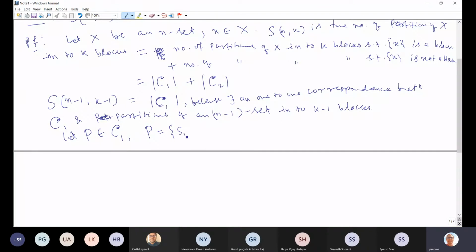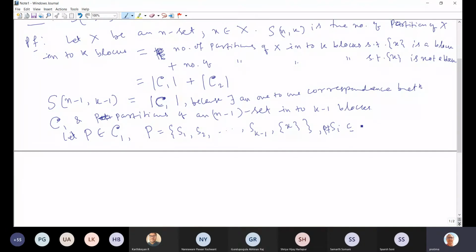Let me take S1, S2, up to S_{k-1}, and Sk is this singleton set. Each of these Si is a non-empty subset of X. Remember that in the case of a partition we take non-empty subsets.